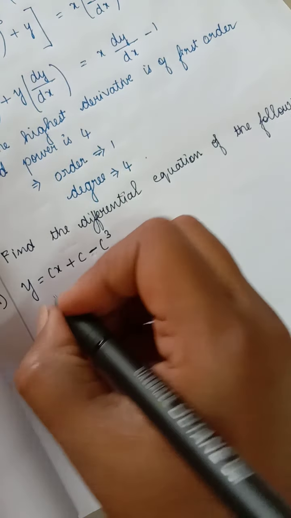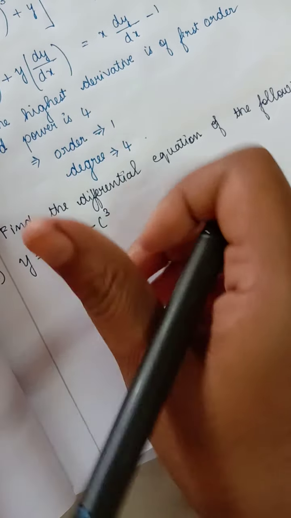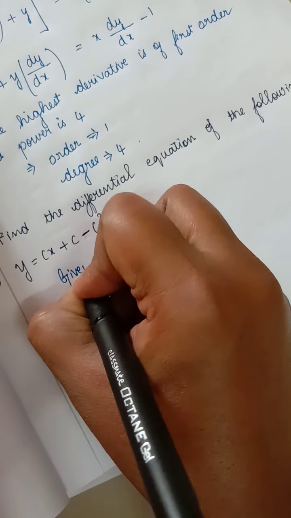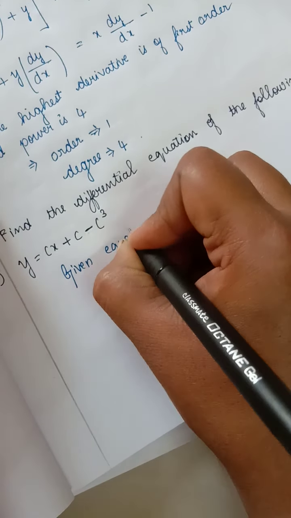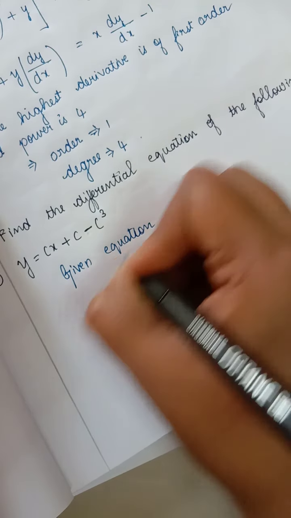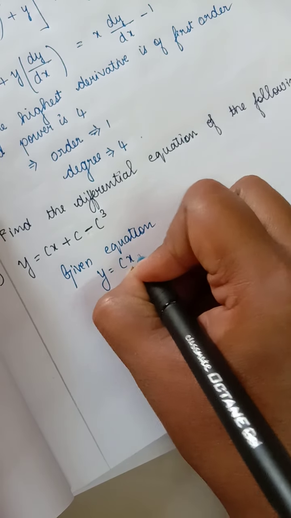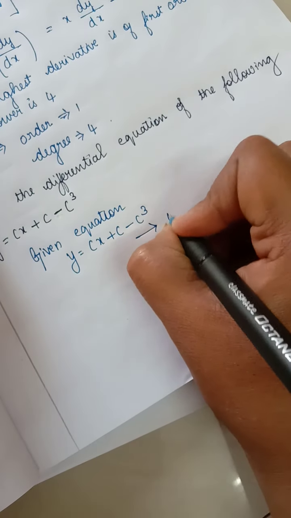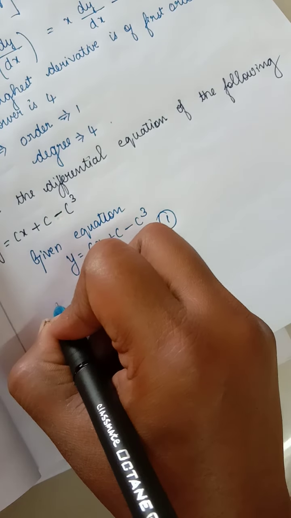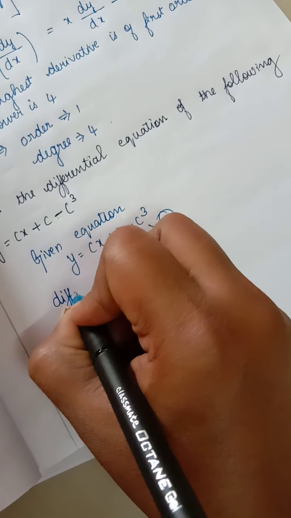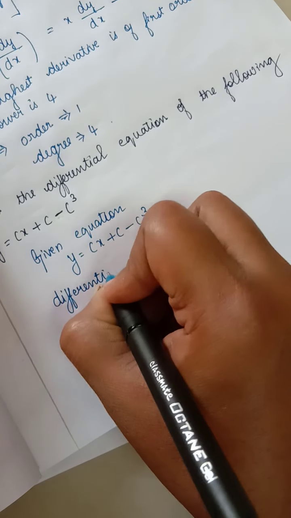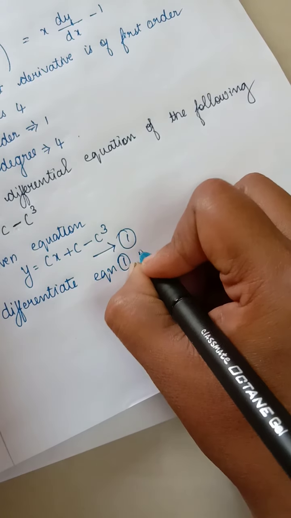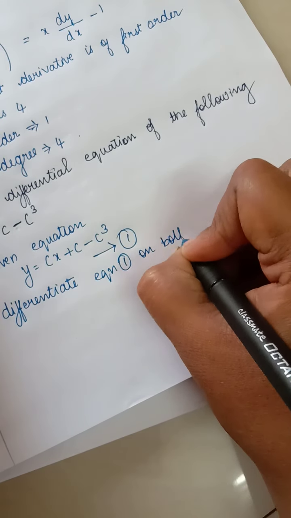Okay, so this is the given equation. We are writing this as the given equation: y = cx + c - c^3. Now we are going to differentiate equation 1 on both sides.